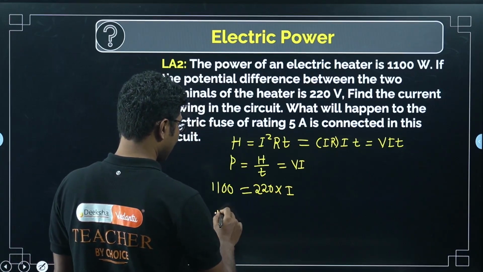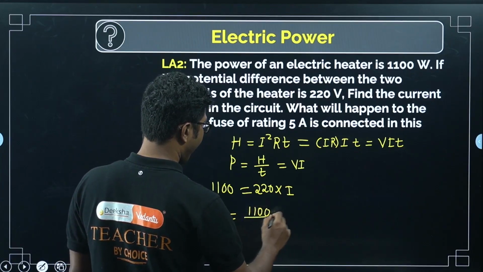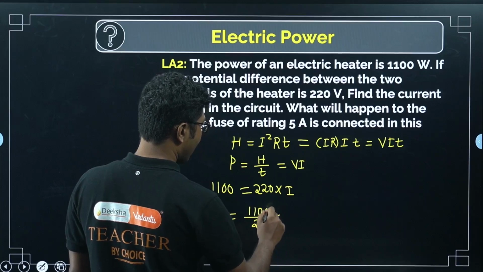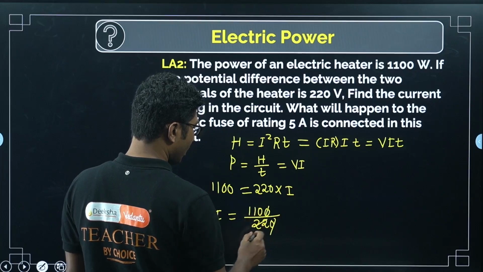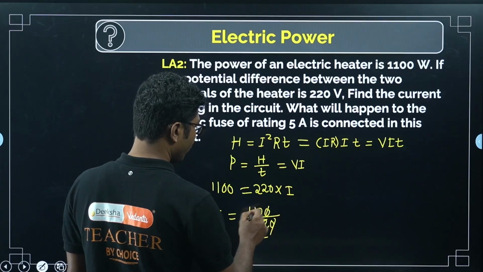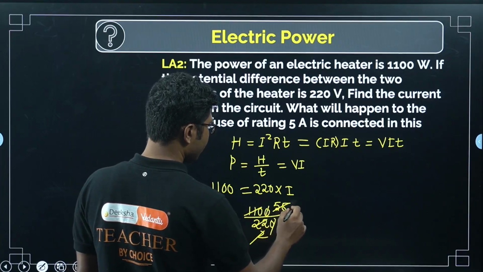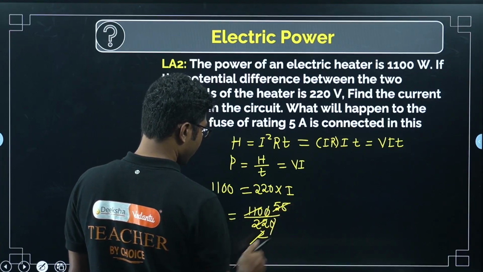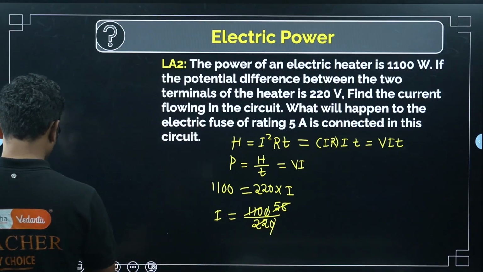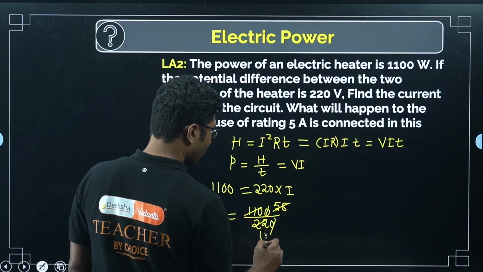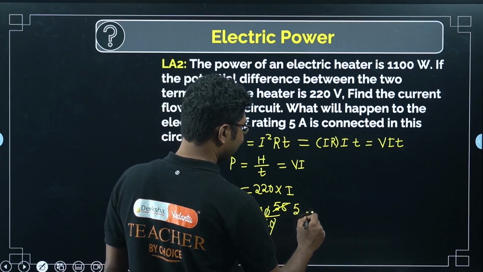So what is current? 0 0 cancels, 2 11s are 22, 2 55s are 110, 11 5s are 55. So the current is 5 ampere.